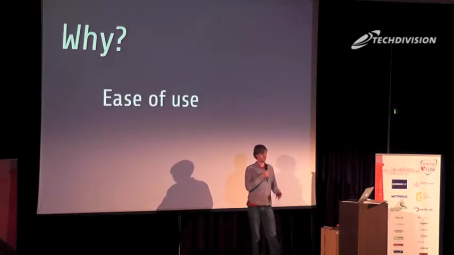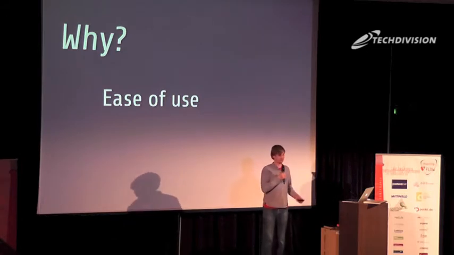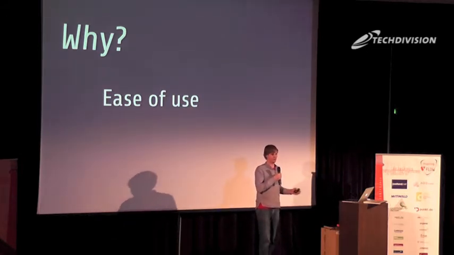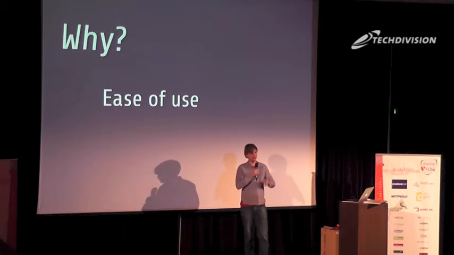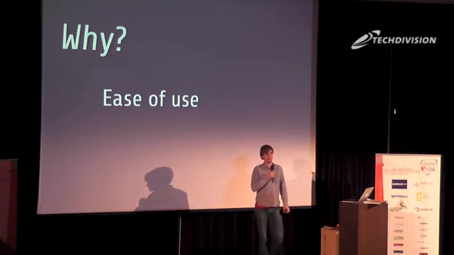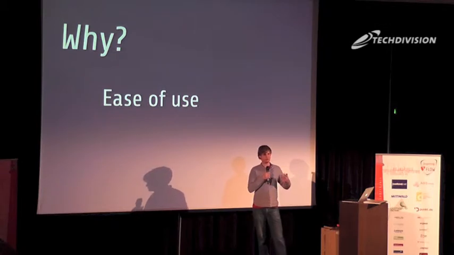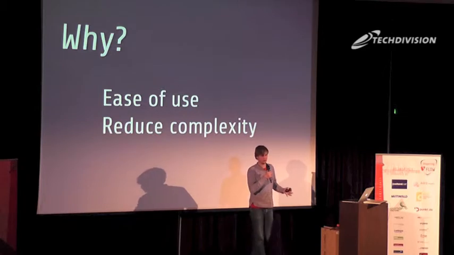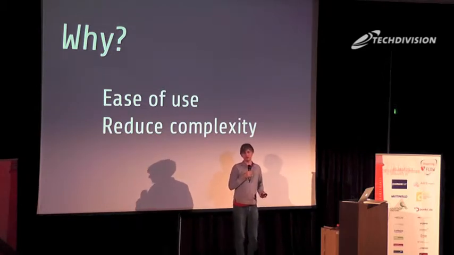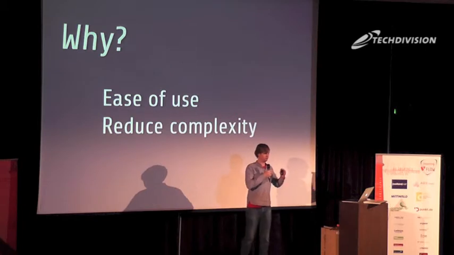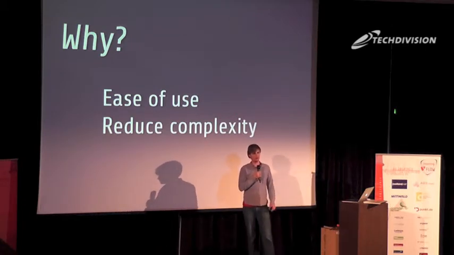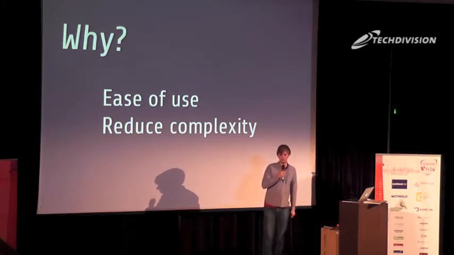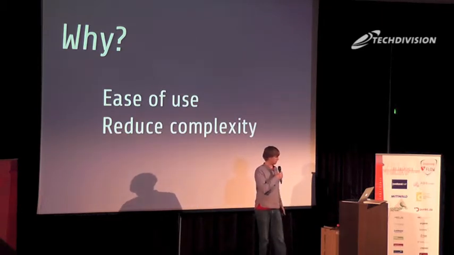It's because first we want ease of use. We don't want people to install all kinds of dependencies and be dependent on the operating system just to get this running. Then, of course, also for us, we want to reduce the complexity. So if we can follow some standardized workflow or process for doing the single sign-on, but we can control every part, it's much easier to integrate that into Flow and to debug it and to maintain it.